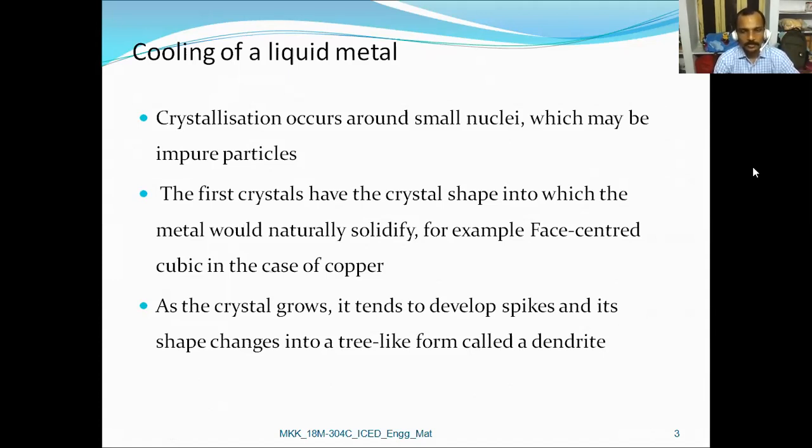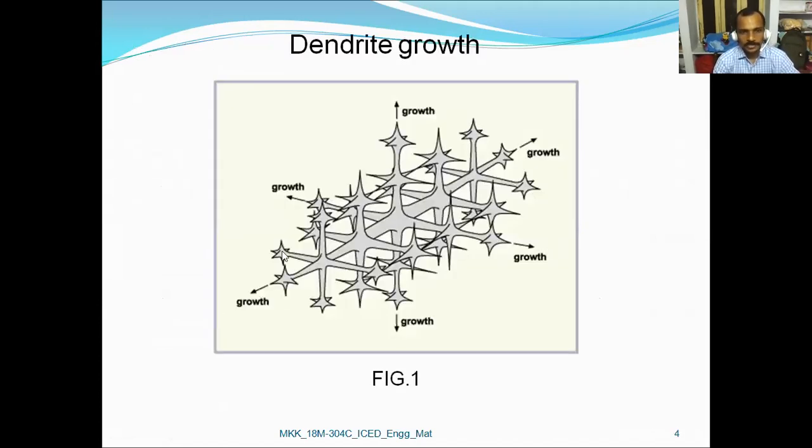The dendrite growth we have also discussed in this diagram. These are the dendrites, appearing just like tree branches.